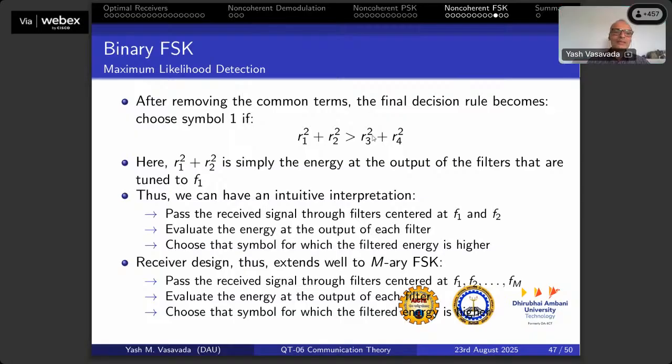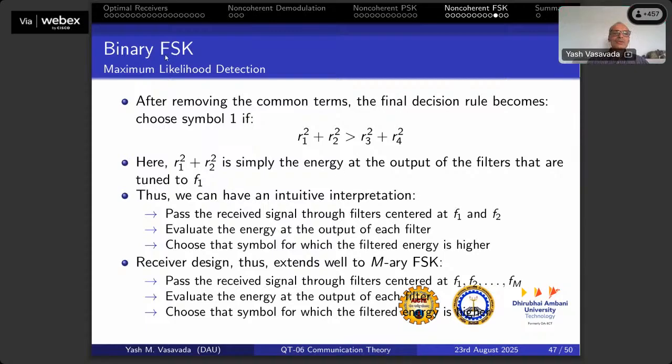All we are doing is we are measuring the energy at the output of the filters that are tuned to F1, and that is this R1 squared plus R2 squared, versus the filter that is tuned to F2, which is giving us R3 squared plus R4 squared.